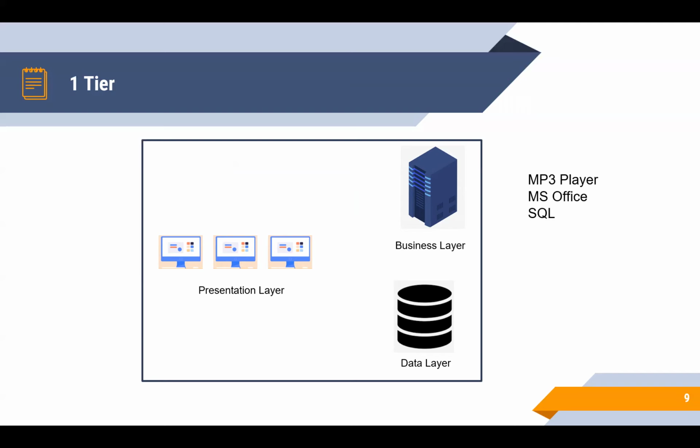Because of that, the data layer here is basically your document file, your Microsoft Excel file. Or if you are running the MP3 player, the database is the folder where you keep the music or song files.